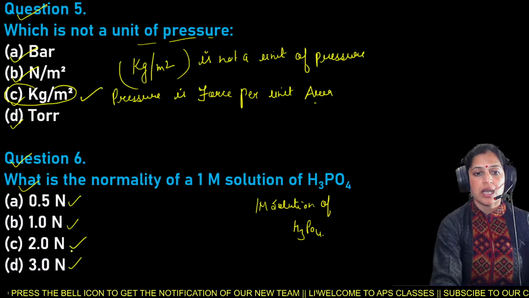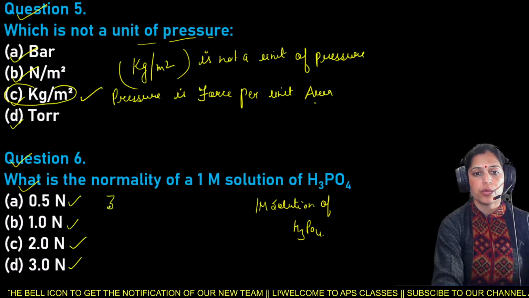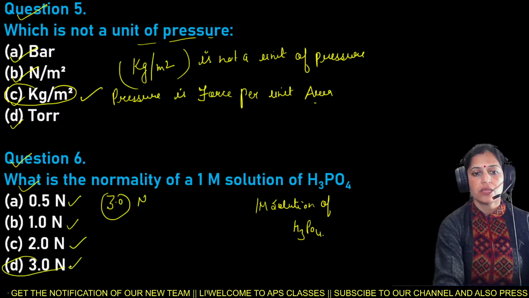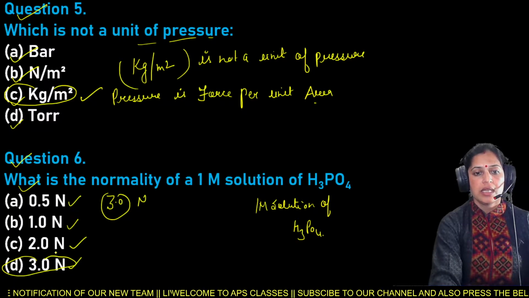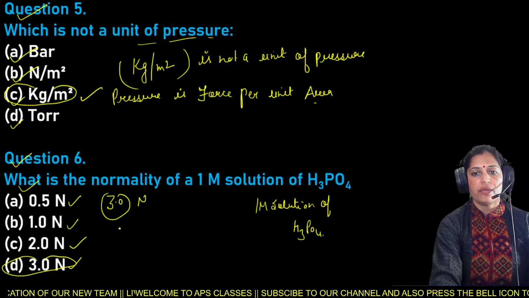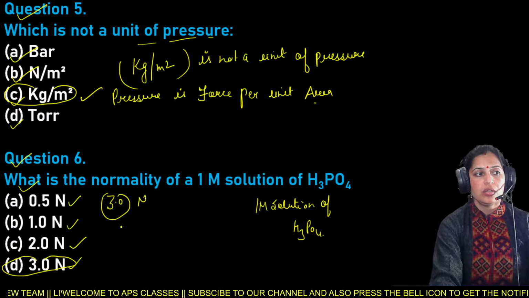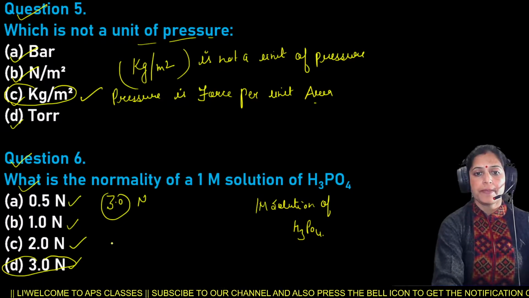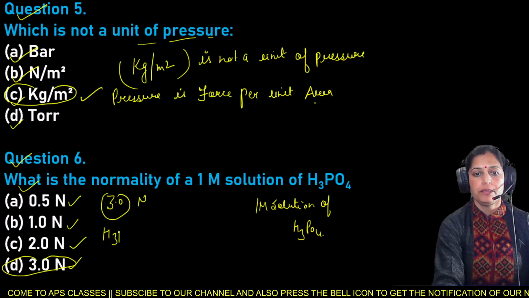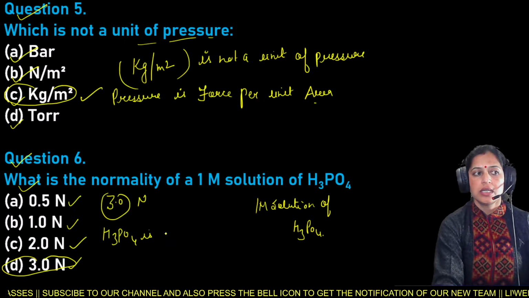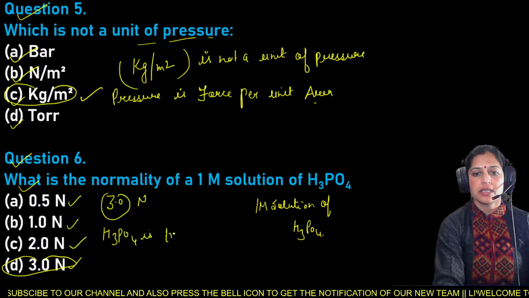So here, beta, the answer is 3.0 normal. This is the right answer for the question number 6. That is, the normality of a 1 mole solution of H3PO4 is 3.0 normal, because H3PO4 is tri-basic.